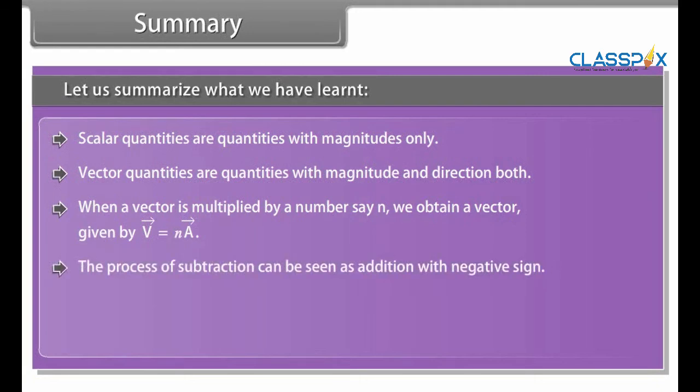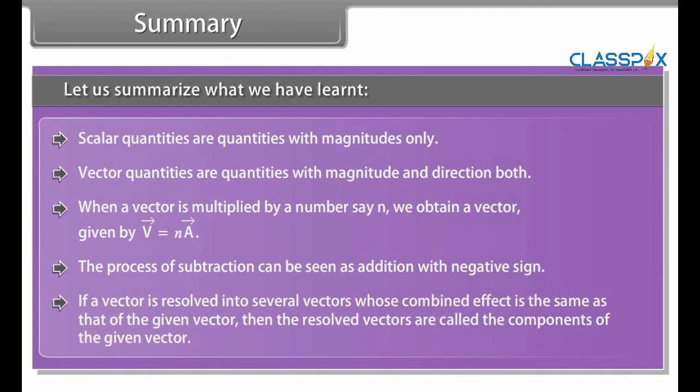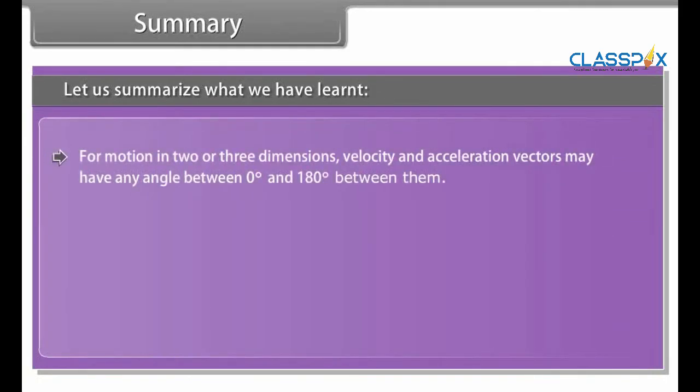The process of subtraction can be seen as addition with negative sign. If a vector is resolved into several vectors whose combined effect is same as that of the given vector, then the resolved vectors are called the components of the given vector. For motion in 2 or 3 dimensions, velocity and acceleration vectors may have an angle between 0 degree and 180 degree between them.